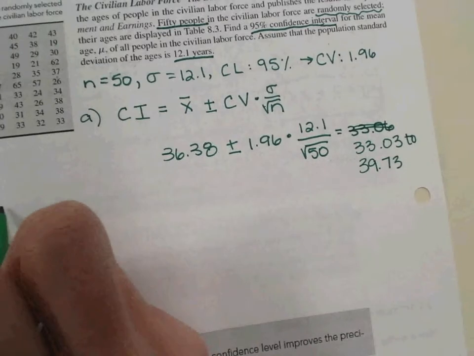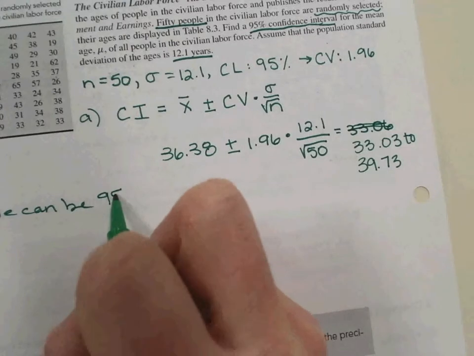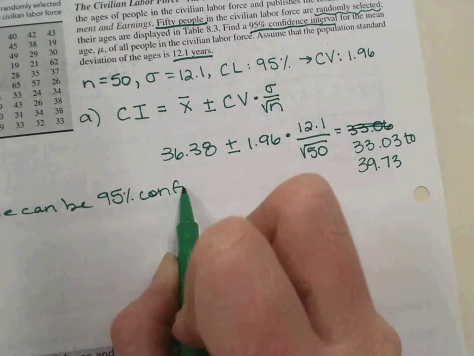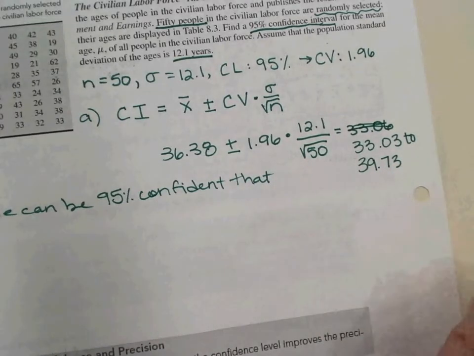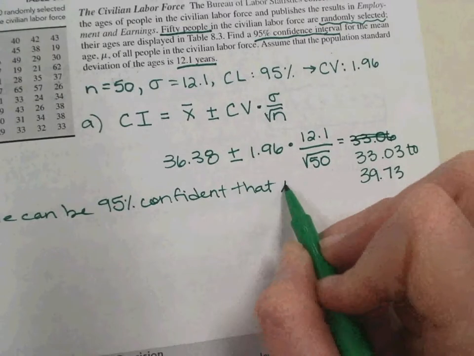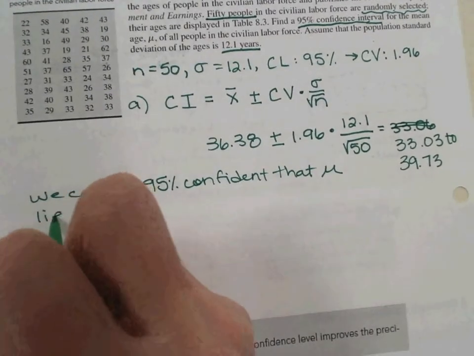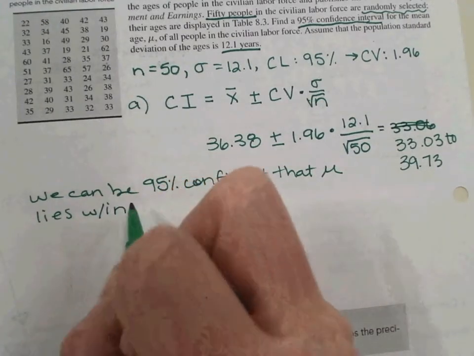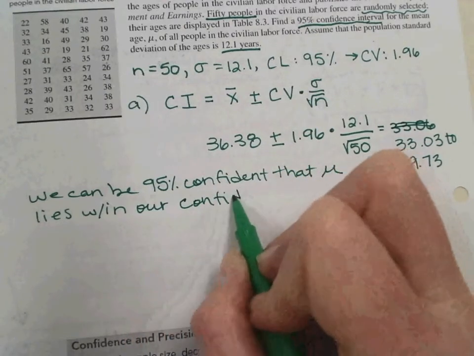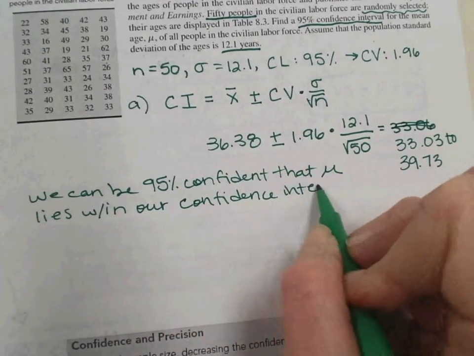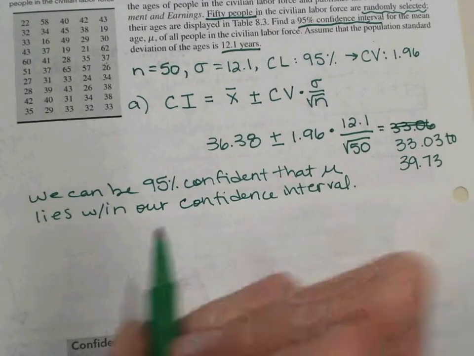So we would say that we can be 95% confident that the population mean, I could write that whole phrase out, or I could just write mu, that mu lies within our confidence interval, or you could say CI.